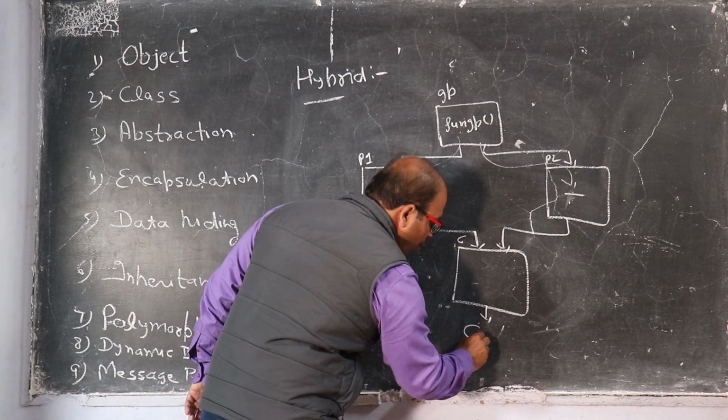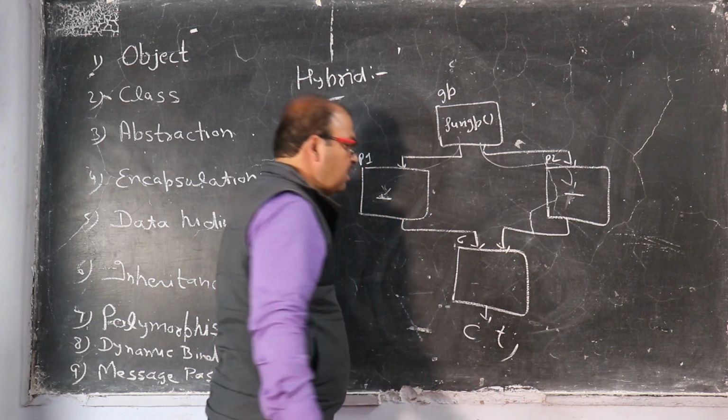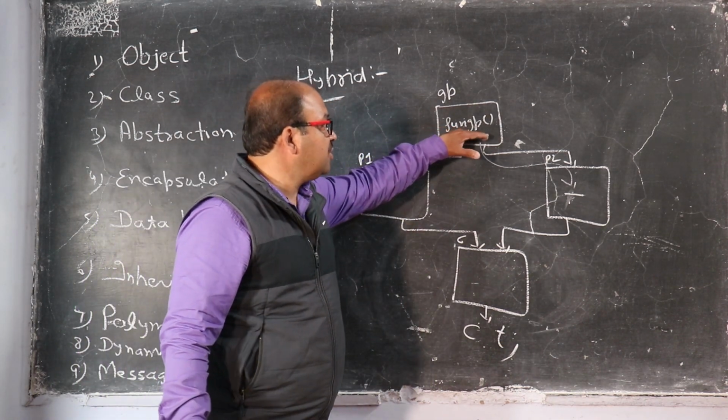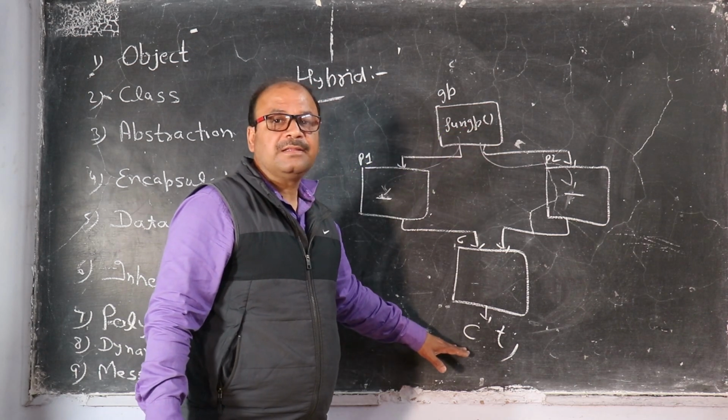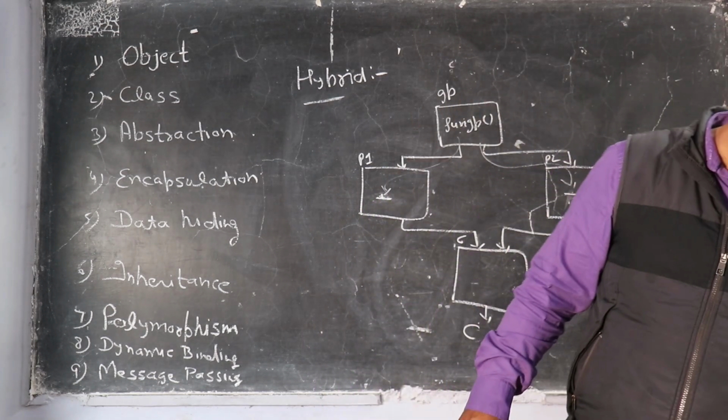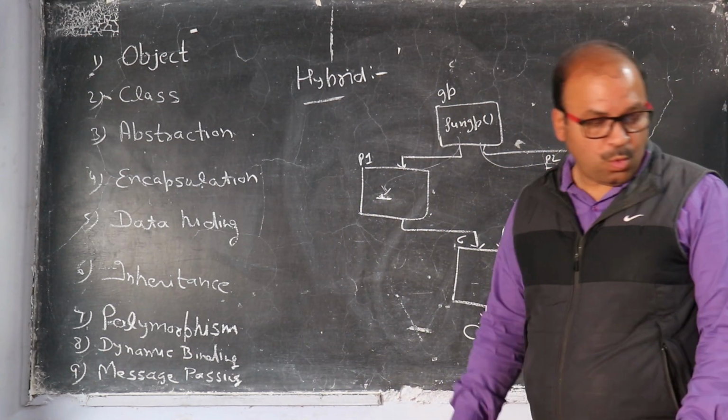Now if through the object of the child class we can access the function GP, then this is called the special type of inheritance, which is called hybrid inheritance.